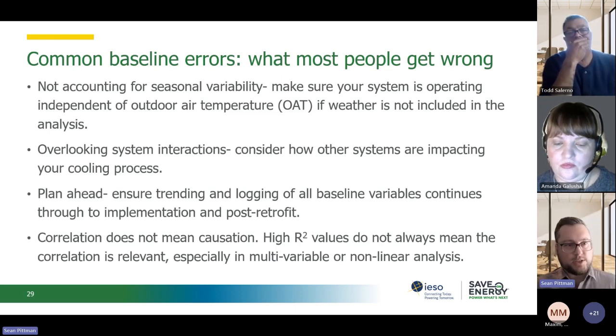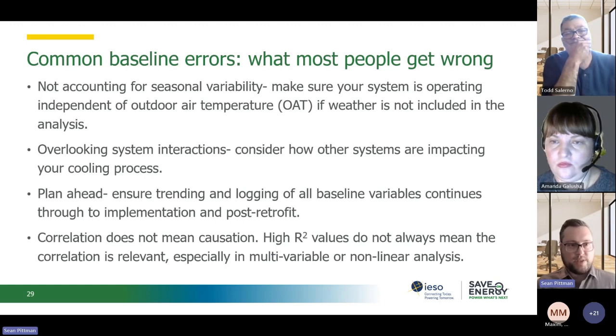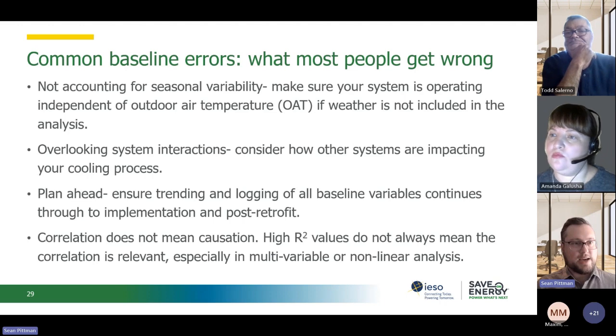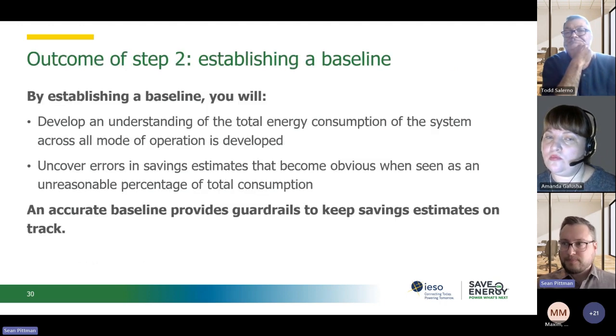So you do need to use some logic when you're applying these. If your performance curve is a big squiggly line because you've gone to the 8th multivariable, does that really make sense in how you think that chiller performs? So just keep that in mind as you perform those analyses.